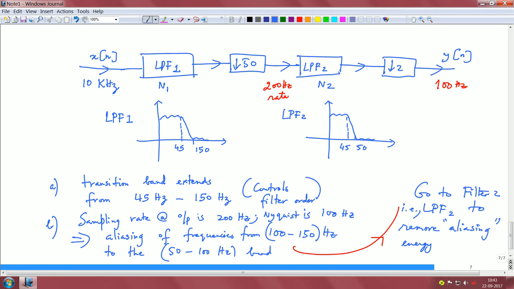This energy is aliased here, we want to remove the aliased components, and that sort of gives us the idea why we need the second low pass filter to be within 45 to 50. I mean, this is the transition band, 45 to 50 hertz is the transition band. Okay. So, let us do our computations for this design.